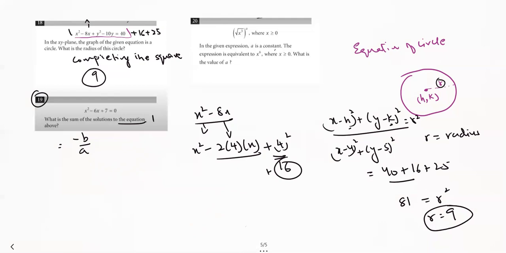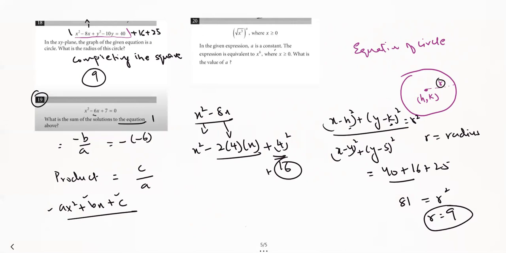Otherwise, if the question asks for the product of the roots as well, just write it down for safety that this is equivalent to c upon a. And what are a, b, c? If you recall, this is ax square plus bx plus c. So this is a, this is b and c. So the sum of the solutions to the equation is minus b upon a. a is 1. So 6.